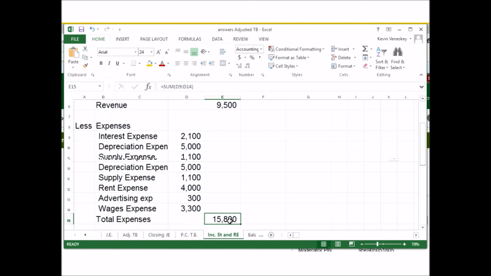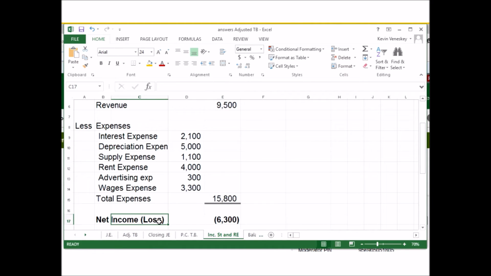And when we take our expenses away from our revenue, we are left, in this case, with a net loss. I wouldn't even need to put in the word income here. I could just put net loss. And then I put it in parentheses to remind me again that it is a negative number. Revenues minus the expenses gives me a negative number.